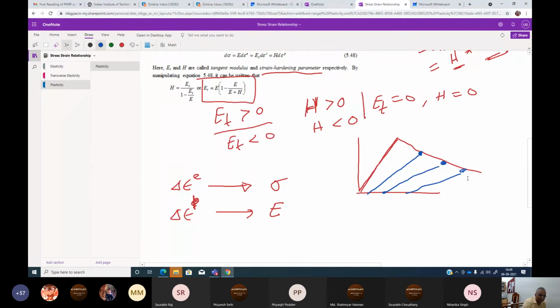So this elastic property is gradually changing, you see its slope changes. So the purpose of this plastic strain is to change the material properties, the elastic properties like E, mu, all this.